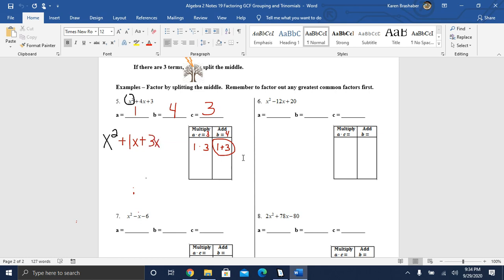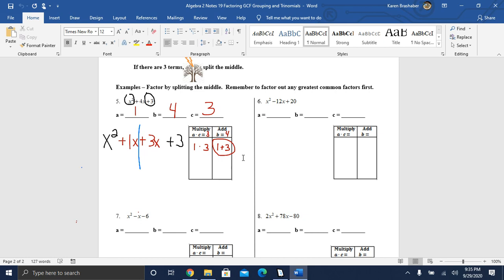So we took that middle term, which was a 4x, and we split it up into a 1x and a 3x. And then we're going to take that last term plus 3. Now we've made a 4-term problem that we're going to split or cut right down the middle, just like we did on the front side.